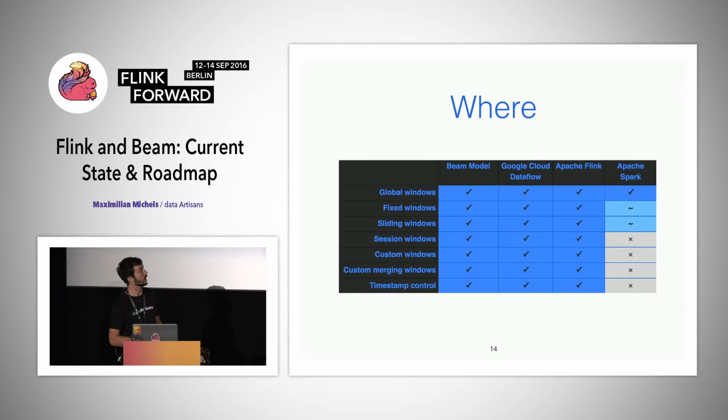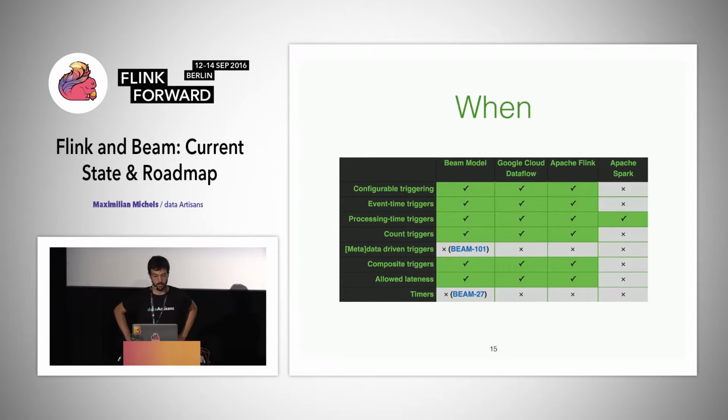Then we move on to the where section. Pretty much here we support all windowing mechanisms because we use the Beam windowing logic. Then we go on to the when section. So this is basically the triggering of the windows. And here also I think we're on par with the Google Cloud Dataflow Runner in terms of capabilities.